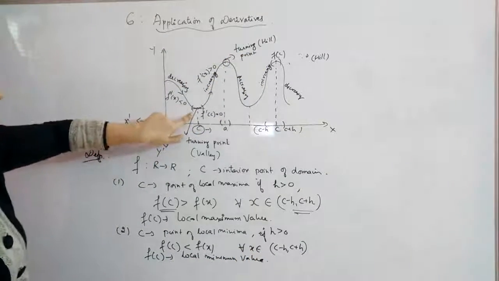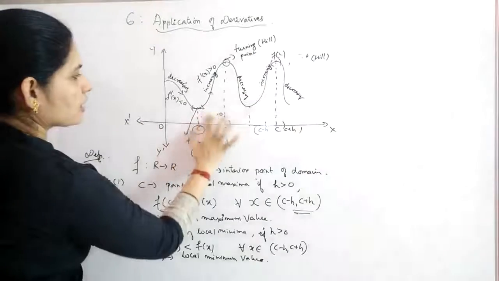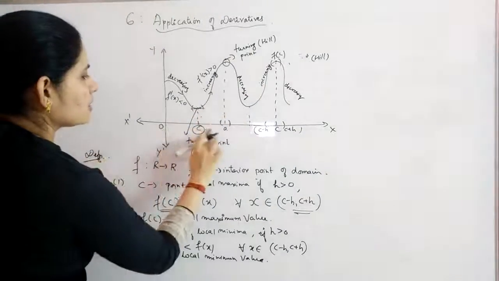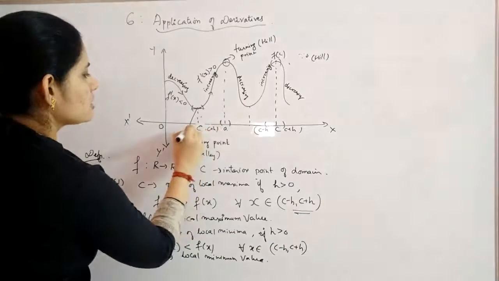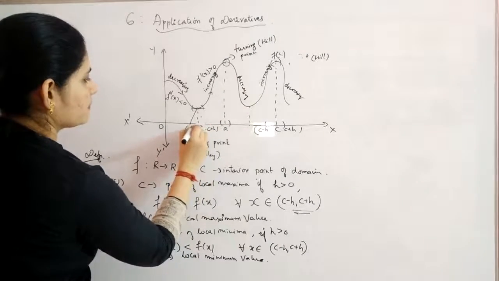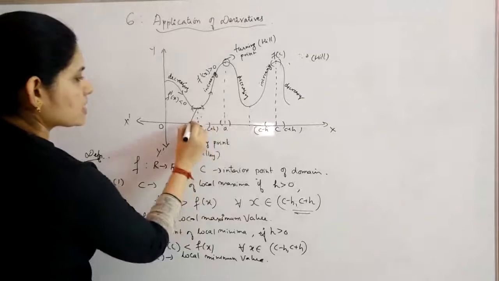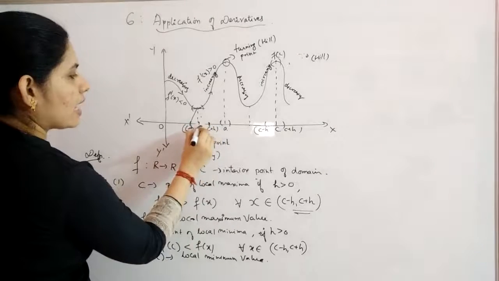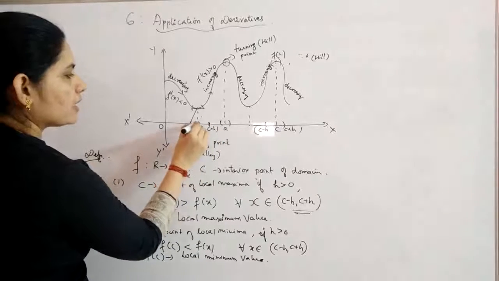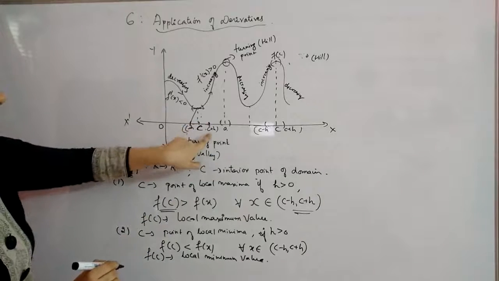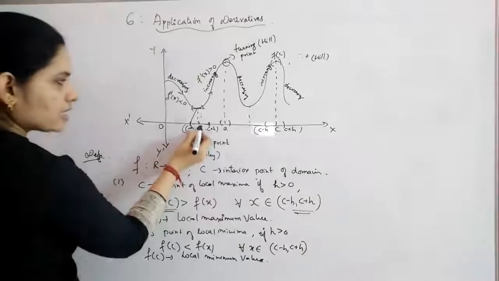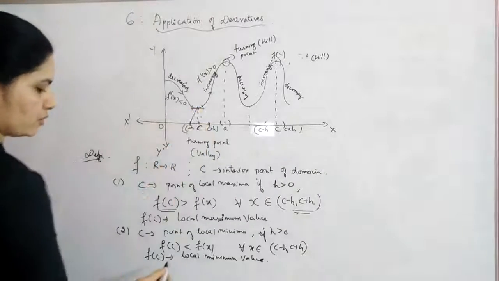Now if you go for this one, here you can say this interval containing c is c minus h, c plus h. This is the small interval which I am considering. In this you have a point c, and you can find many points contained in the interval c minus h, c plus h, but this point c is giving you the minimum value.